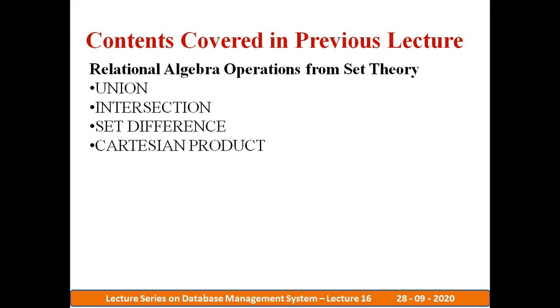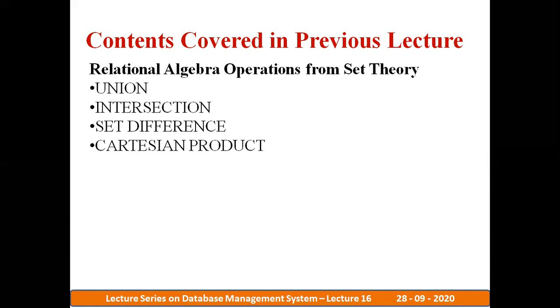Now, the intersection operation, which is represented as R intersection S, keeps only the tuples which are common to relation R as well as relation S. Those tuples which match in R and S are kept in the resultant relation.